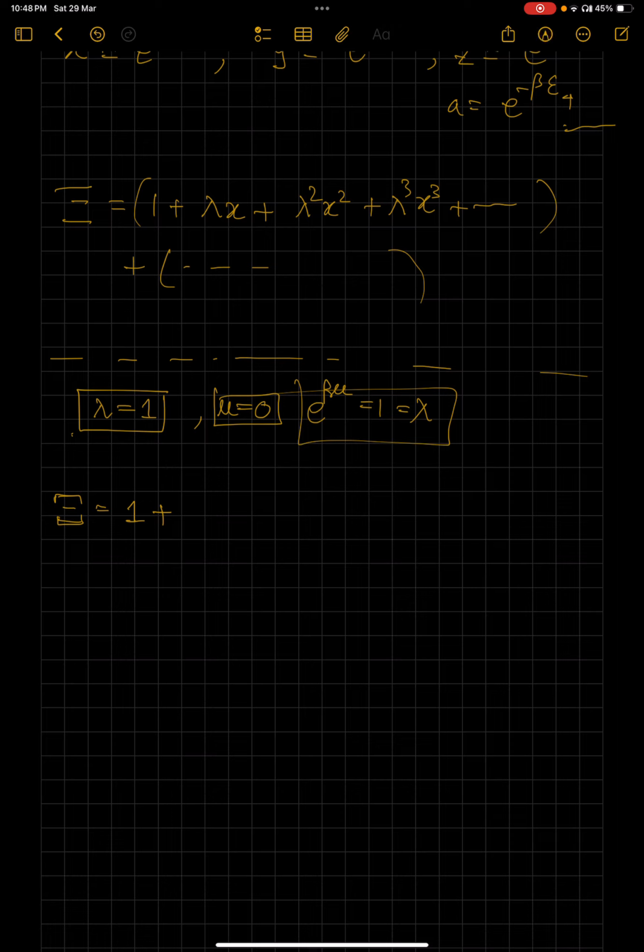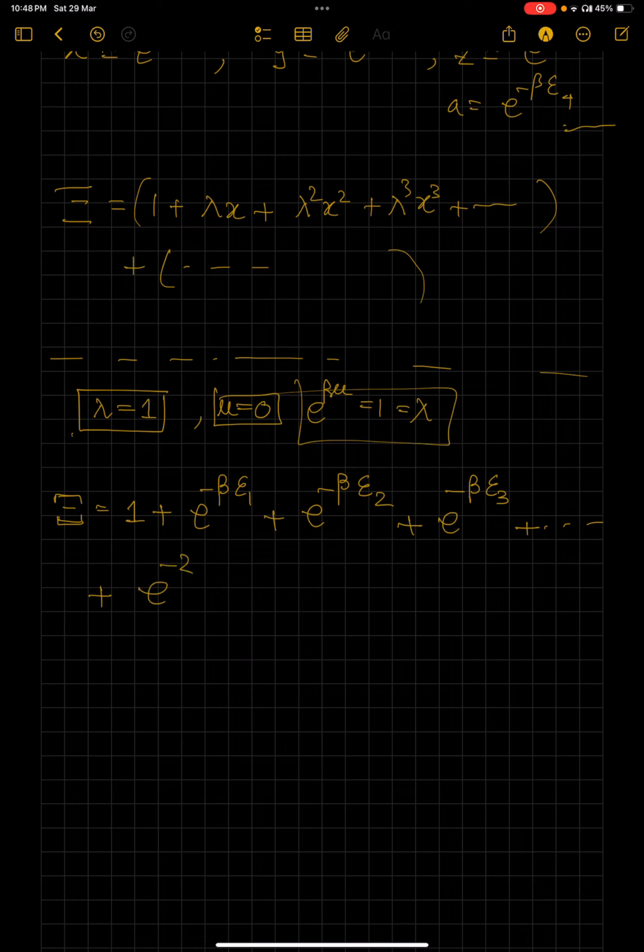A little bit of 1, and then I will add the terms e to the power minus beta E1. Only one photon sitting on the E1 energy state, and then only one photon sitting on the E2 energy state, then one photon sitting on the E3 energy state, and so on and so forth. And then similarly, I can write the two particle states.